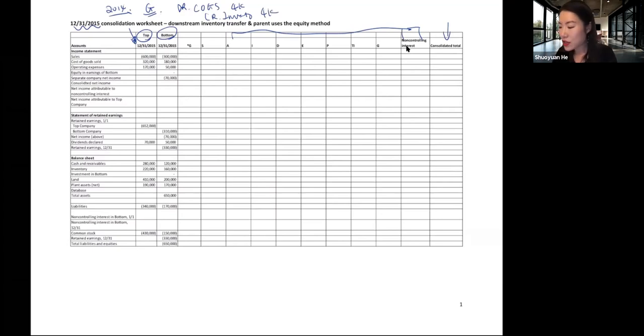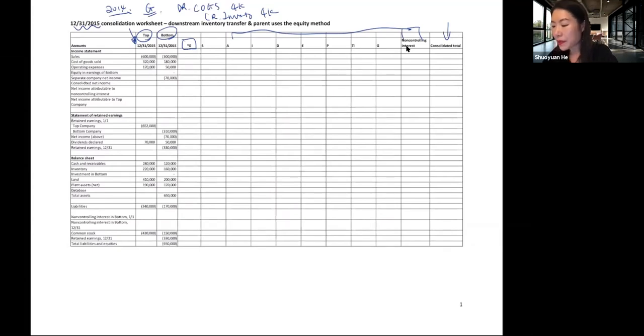Because we have a G entry in 2014, we need to have a star G entry in 2015 to both carry over the effect of that 2014 G entry and also to reverse it when the deferred profit is really recognized in the year 2015.